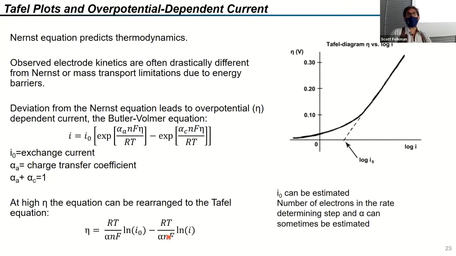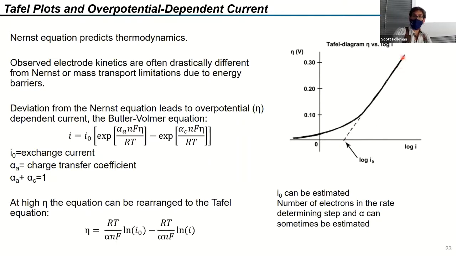Now, there are other complications associated with Tafel behavior that can have significant deviations from the form I've shown here. So while I mentioned that the number of electrons in the rate determining step can be estimated, I urge you caution in doing analyses of that type.